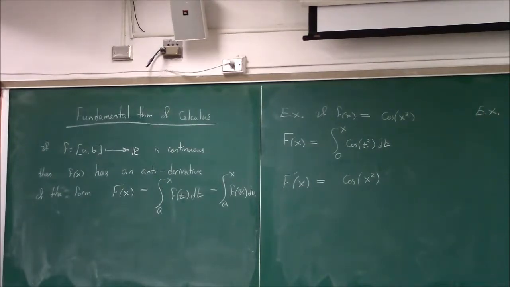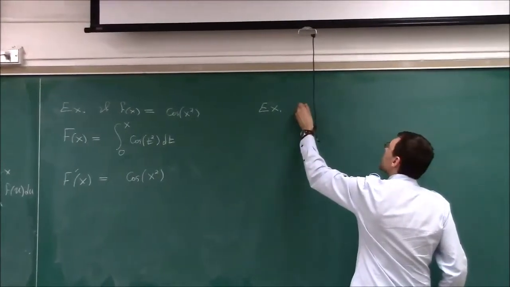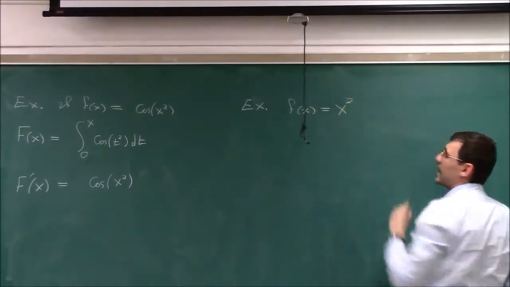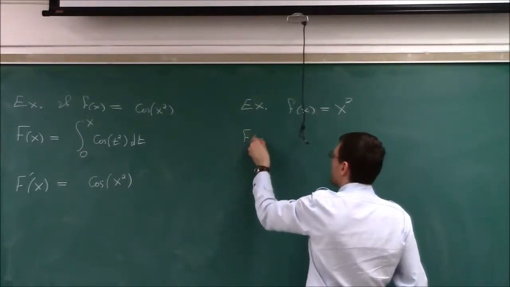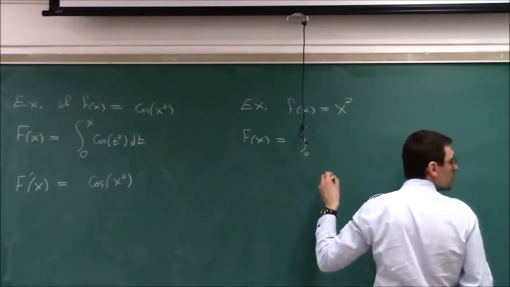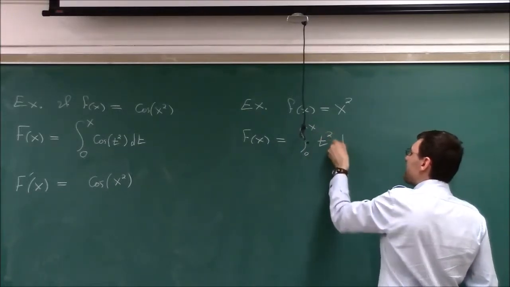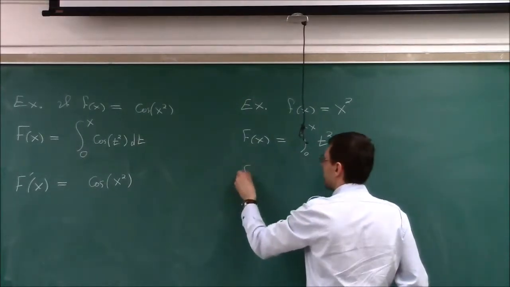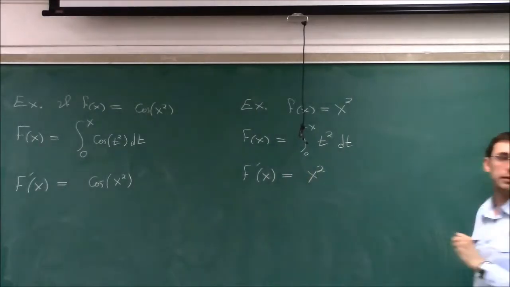Many antiderivatives can be obtained this very simple way. So for example, if I take f of x to be x squared, then I can define capital F of x to be the integral from 0 to x of t squared dt, and this is a correct antiderivative. In other words, if I take capital F prime of x, I get x squared.